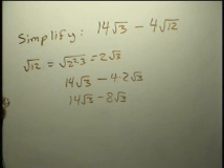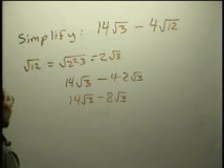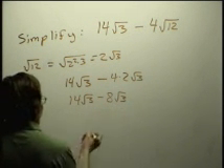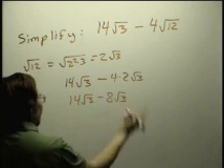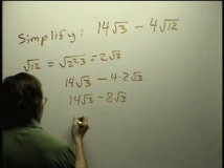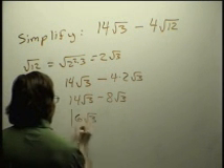And lo and behold, these are like radicals. They are both square root of 3. Same index, the square root, same radicand, 3. So we subtract their rational coefficients. 14 minus 8 is going to give us 6 square roots of 3.